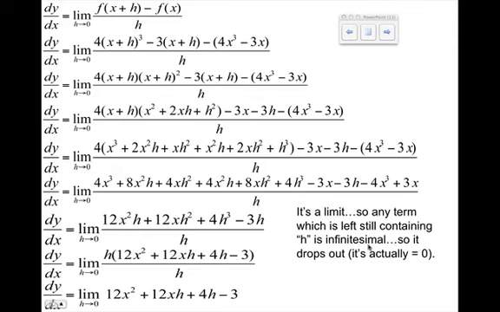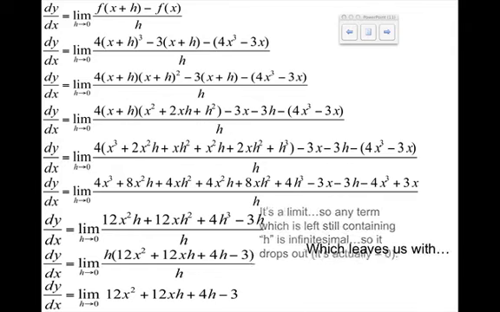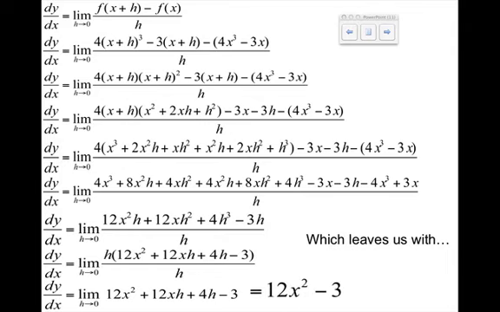And because it's a limit now, I'm going to regard as being 0 any term left that contains an h. Okay, so 12x times h, which is 0, and 4 times h is also 0. So my 12xh is going to vanish, and my 4h is going to vanish, leaving me with, well, what? 12x squared minus 3, and so that's my answer.